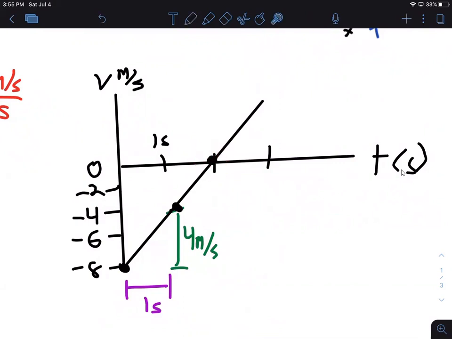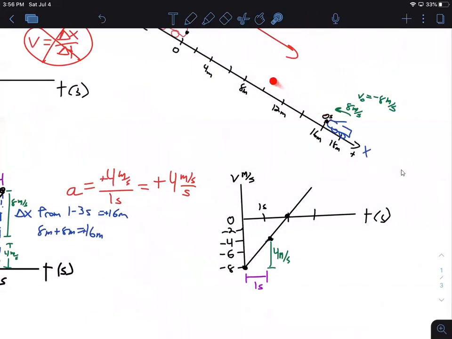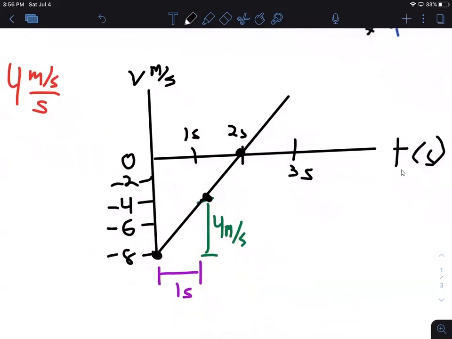Here's where it stops, right? 0. After 2 seconds, it comes to a stop, but then it's going to start going back down the ramp, in the positive direction, getting faster and faster. So here at 3 seconds, it's going back the other way. Great, so that's my velocity versus time graph.